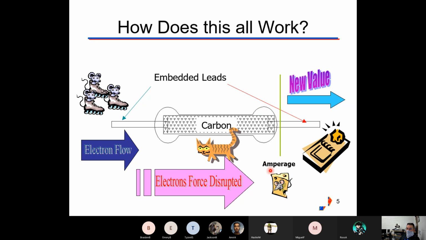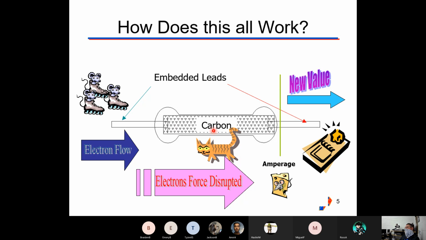And the amount that gets through per second is going to be your amperage. So that's what they're trying to say. This is the same scenario we looked at before on how resistance and voltage and current all work together.